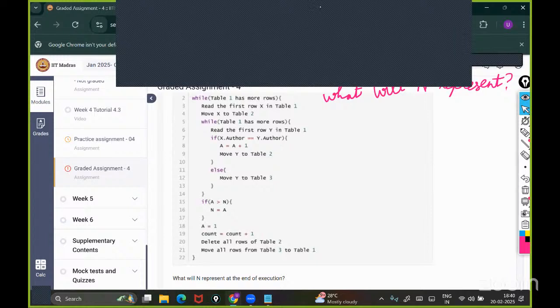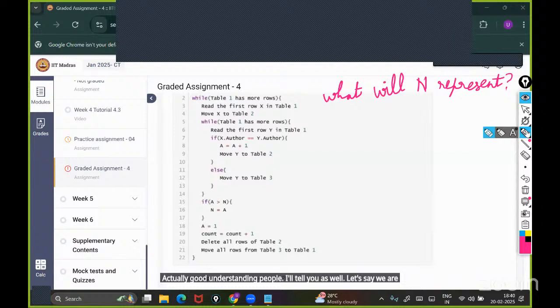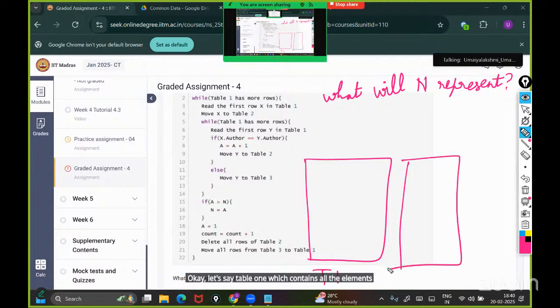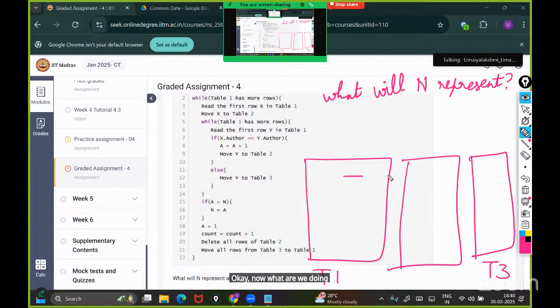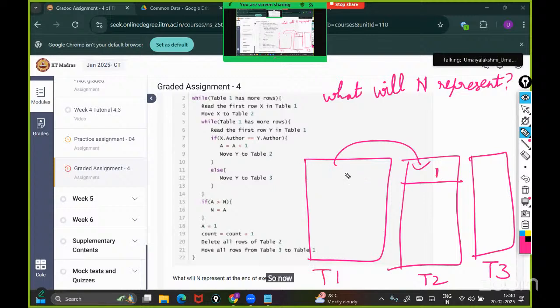Actually, good understanding, people. I'll tell you as well. Let's say we are taking 3 tables here. Table 1 contains all the elements, and we are taking empty table 2 and empty table 3. Let's say I have taken the first card, so the first card is now moved to table 2. Now table 1 does not contain the first card at all.